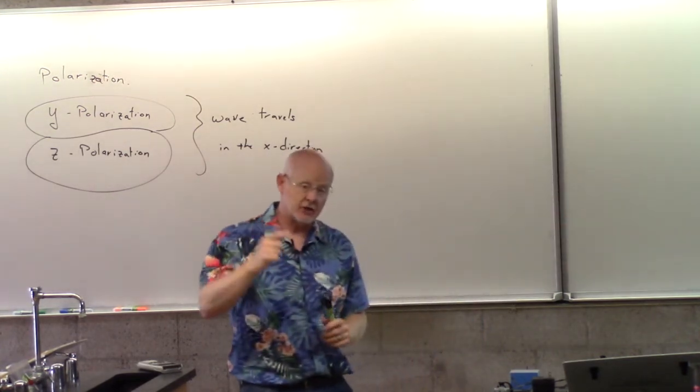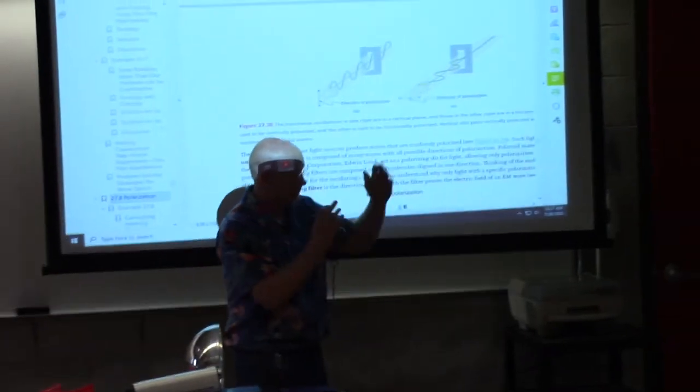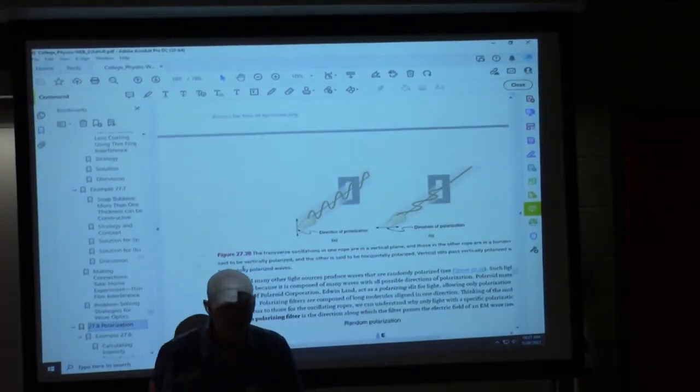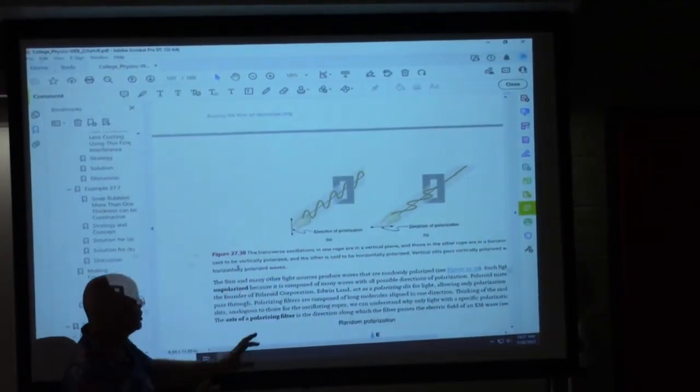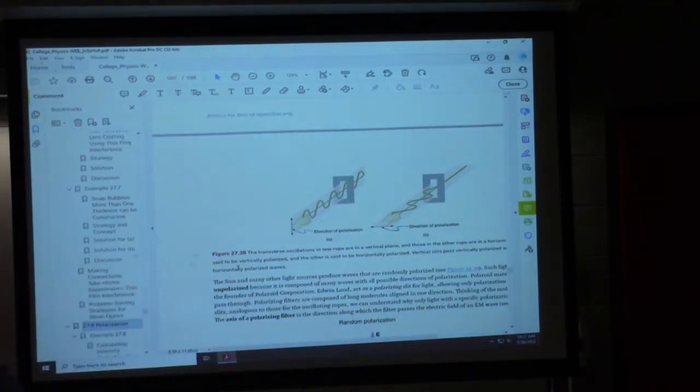But here's what's kind of interesting. What if you put some kind of blocking mechanism on the other end? This just shows kind of a rectangular opening on the other end. See, how you align that rectangular opening is important.